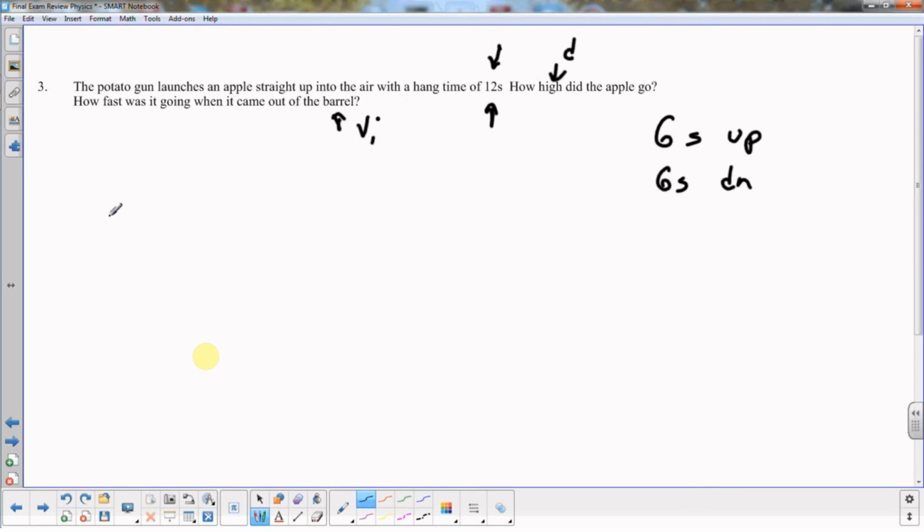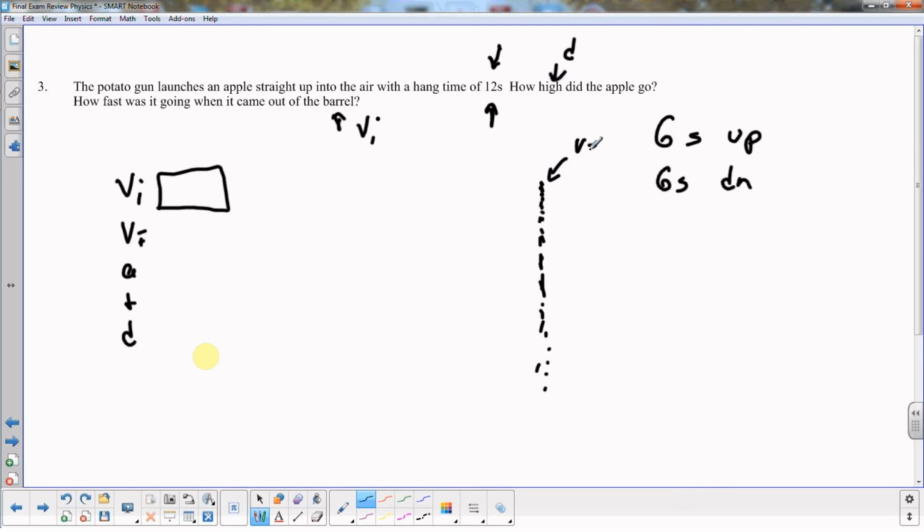Let's go with my handy dandy chart, VF, A, T, D. I'm solving for VI. And in this whole trip, I know one thing. I know the velocity slows down, stops, comes back down. So right here, I know the velocity is 0. I don't know what the velocity down there is, but I know up there it's 0.